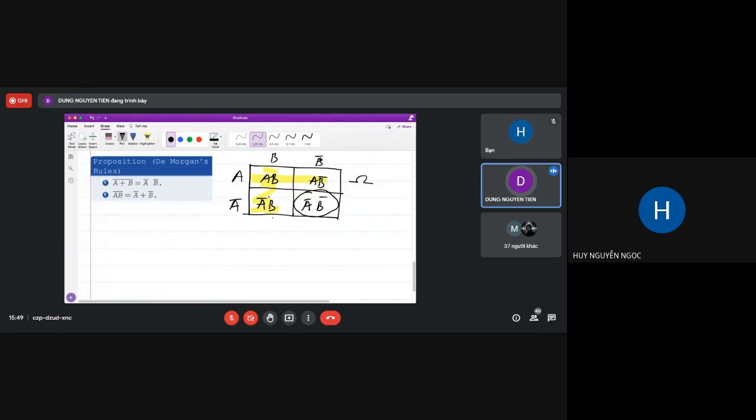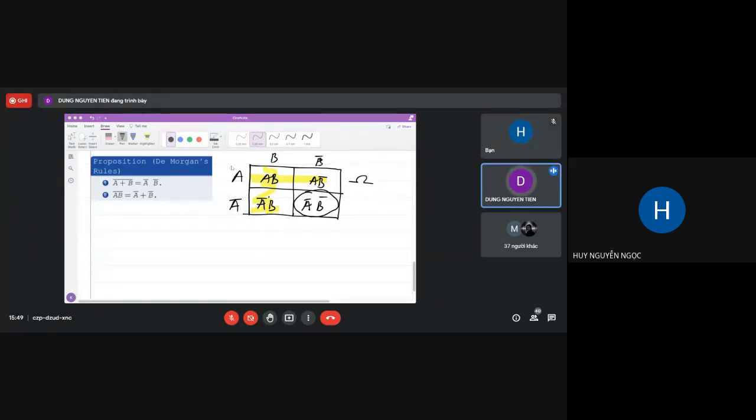You can use similar arguments to prove that the complement of AB is equal to A bar plus B bar. This is A bar, this is B bar, and the complement of that one is simply AB. And then you can get the answer. Please keep that in mind. That would be quite useful for you to work on probability later.